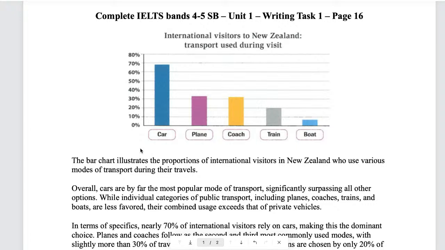The meaning is just the same as show, present, demonstrate, okay? Here we have illustrate, guys. Look at this. For writing task 1, normally you use this word, or you can use present, or show, or demonstrate.